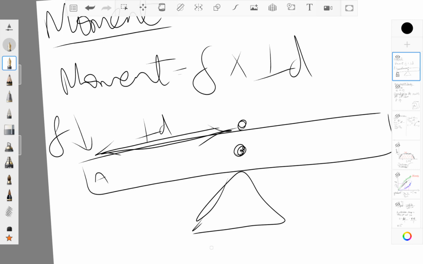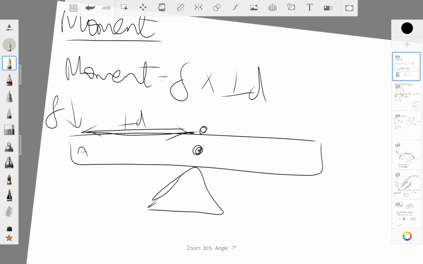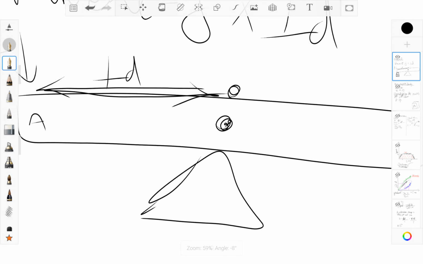And in the case of an experiment with a beam on a fulcrum, you need to ensure that the fulcrum is placed at the center of gravity for the beam, so that the center of gravity, which itself has a downward force acting on it, doesn't influence the moment of a force.